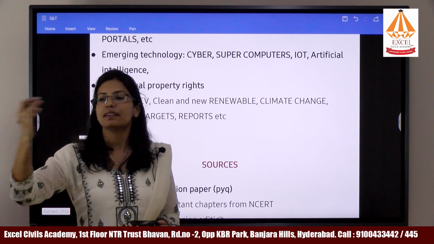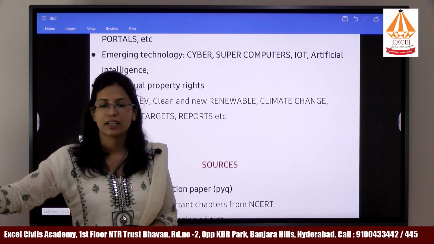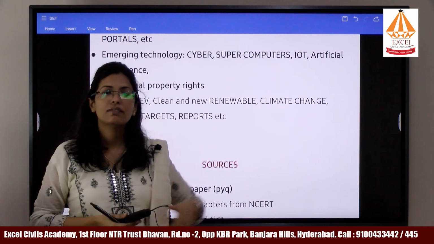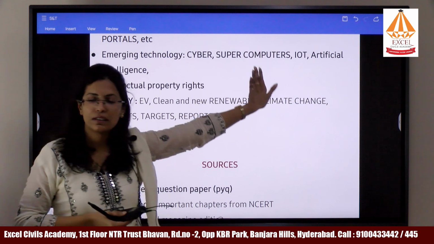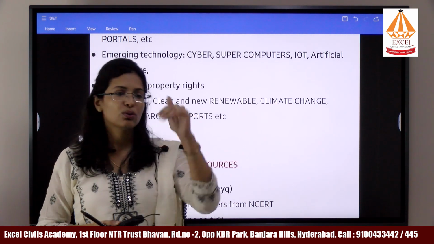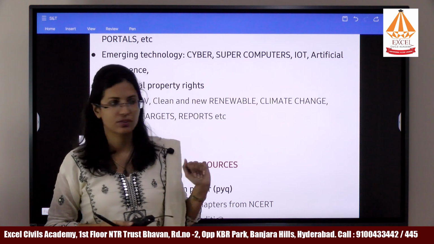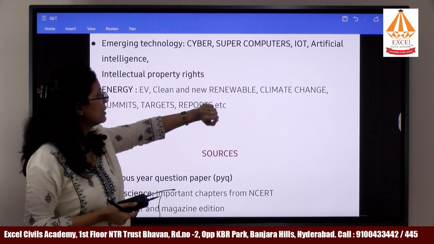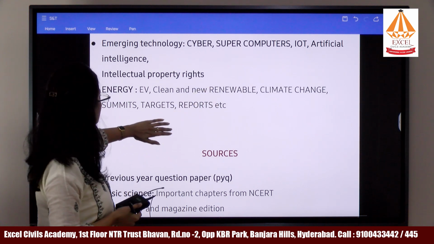In that, internal security is an important aspect, and cyber security also comes into the picture. So here we read about the development of the technology, and when it comes to security, there you read about cyber security. Then again the same intellectual property rights that we talked about.